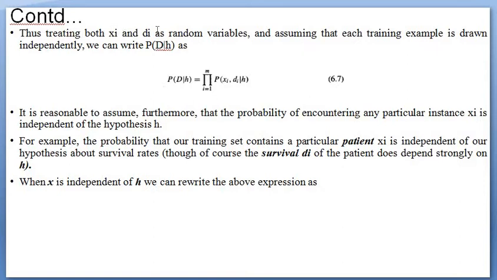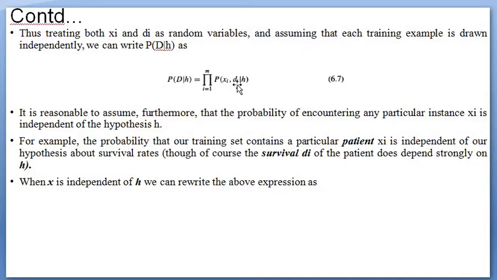Thus, treating both xi and di as random variables, and assuming that each training example is drawn independently, we can write P of D given h as a product over i from 1 to m, because each example has a couple of attributes, one is xi and another is di. So here it is written as P of xi comma di given h.